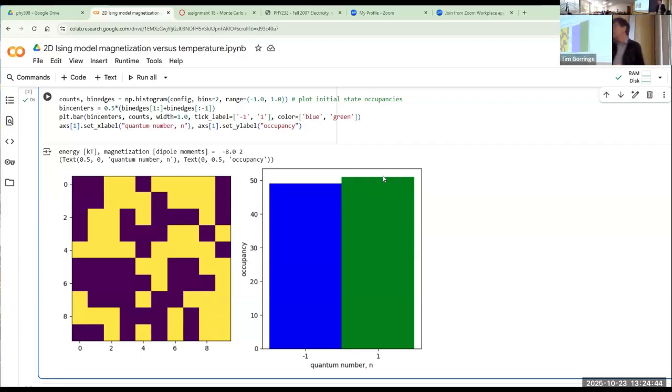I printed out a couple of numbers because I calculated the energy and the magnetization of this initial state. So the magnetization will reflect the net difference between the ups and downs. It could be as big as 100 or -100 if they were all aligned up or all aligned down. It's 2. It's just reflecting that statistically, there's no net preference for up or down.